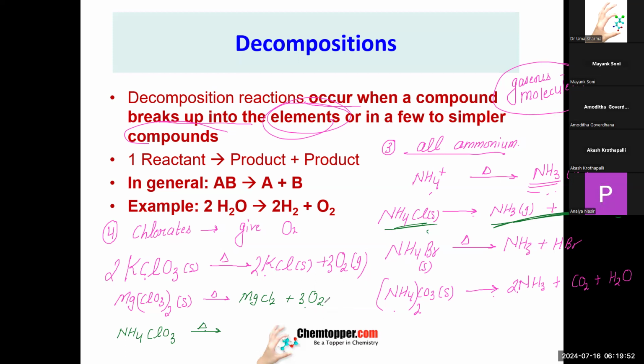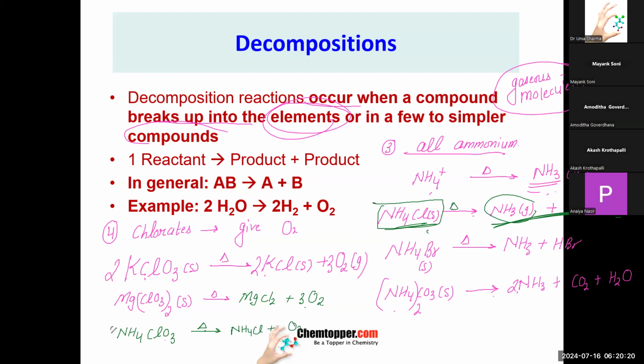Okay, Mayank is giving us very good answer. Is it balanced, Mayank? Because you are getting ammonium chloride, Ananya. And ammonium chloride, they undergo decomposition further to give you ammonia and HCl. That's why. Because first, it will undergo decomposition to give you ammonium chloride and O2.